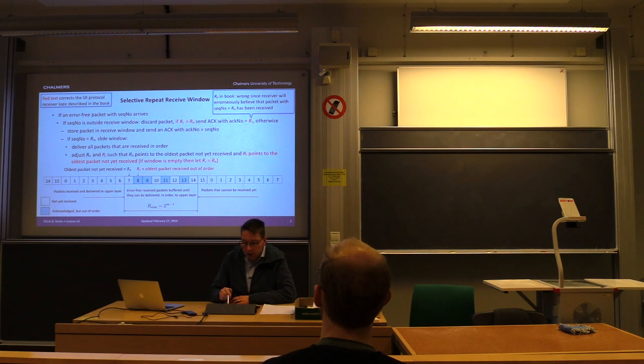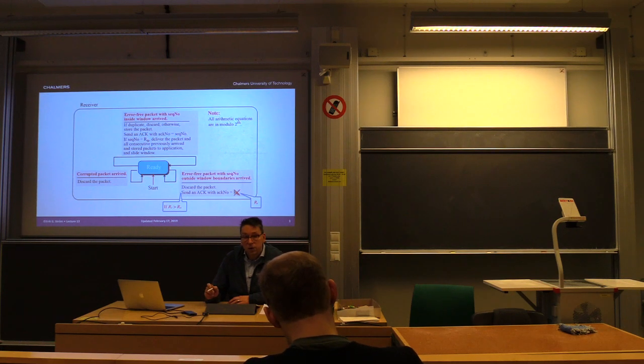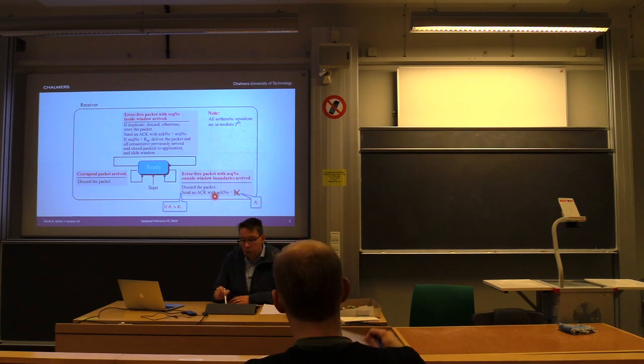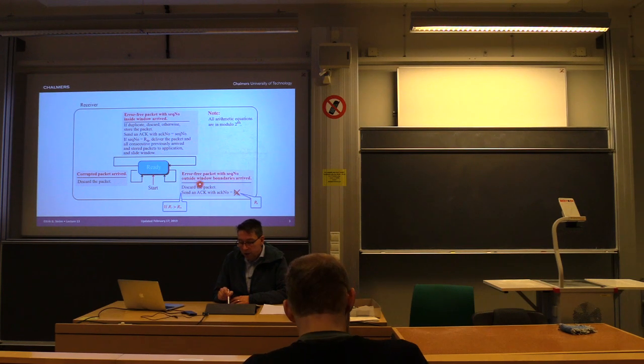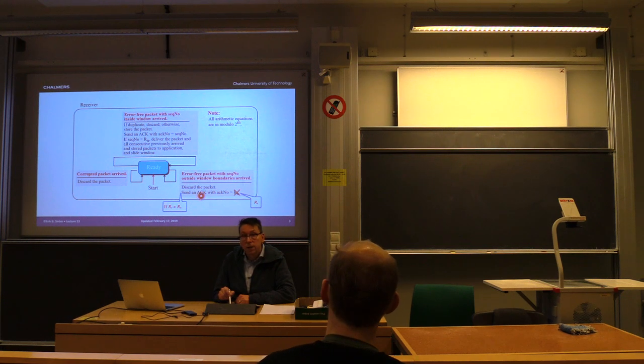So these are the modifications done in words, and if you want to look at the state diagram, basically this is the thing that needs to be modified. So when an error-free packet with the sequence number outside the window arrives, what to do then, right? First of all, we should throw away the packet because it doesn't fit into our buffer, and then we should send an acknowledgement.